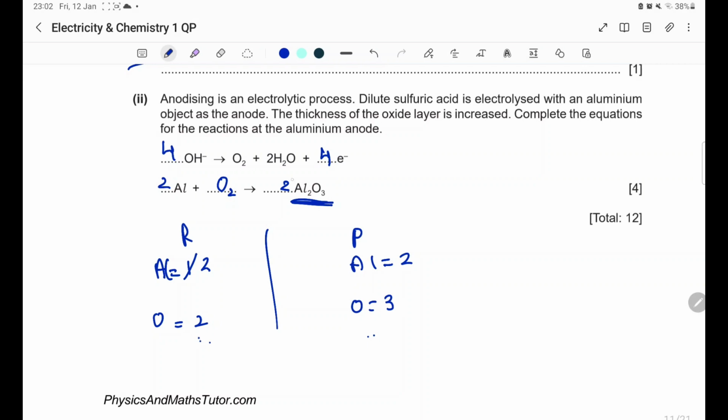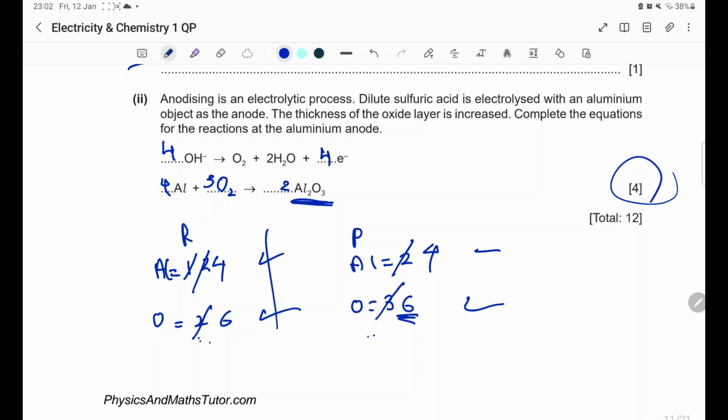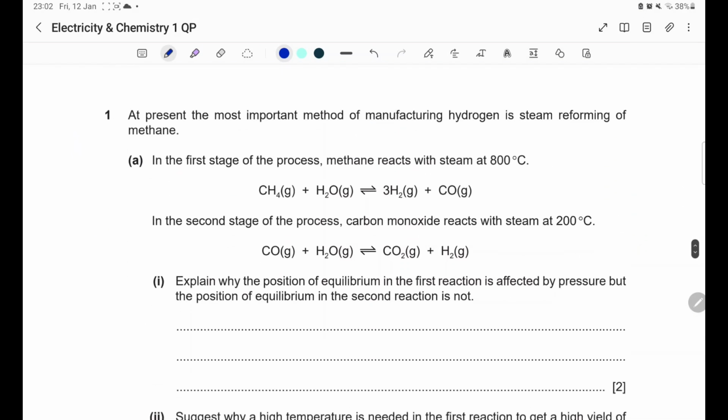This is annoying me, so I'm going to put 2 here, make this 6. That will make this 4. So that means I'm going to have to change this to 4. And this needs to balance this, which means that this has to be 6 and 4, 4, 6, 6. Balance, boom, 4 marks. Easy.